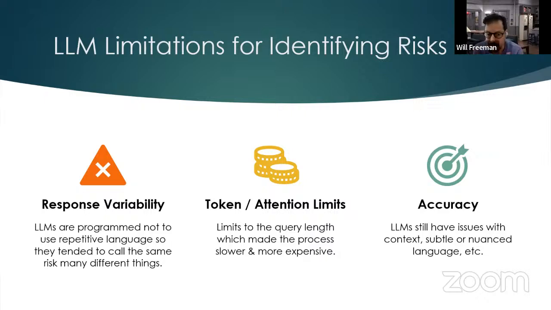And then there's just accuracy in general. These are not perfect or even close at understanding nuanced language, especially because this language is written in legalese, and these models are trained on some legalese, but mostly regular English.